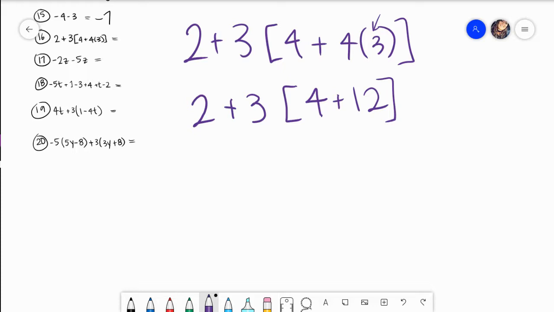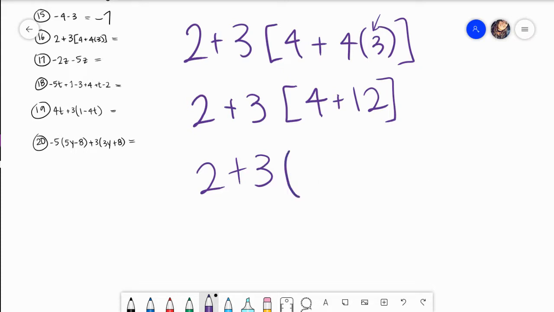I notice that now I have these 2 terms that are being added together. So have not touched, did not mess with. Stop. In my brackets, I have 4 plus 12. Signs are the same, so they're going to be positive, right? I've got 2 positive numbers, which are going to combine together. They're going to add together to give me a positive.